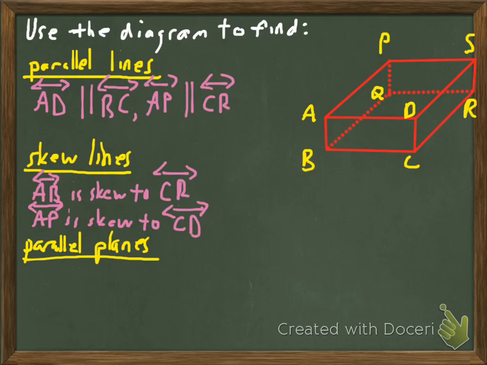If I wanted to say that the top plane is parallel to the bottom plane, well, an easy way to do that then is to say that plane ADS. Alright, I just put any of these 3 points that are in that top plane in order to name that plane. The top plane is the only one that contains A, D, and S. So plane ADS, and then I could say that's parallel to plane BQR if I wanted.